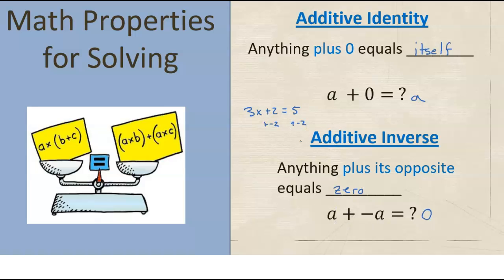That plus that will equal 0, so 3x plus 0 equals 3. But now we also know, because of the additive identity, that 3x plus 0 is just 3x. So we have been using these properties this whole time. They've just been less explicit. We haven't put a name on them.